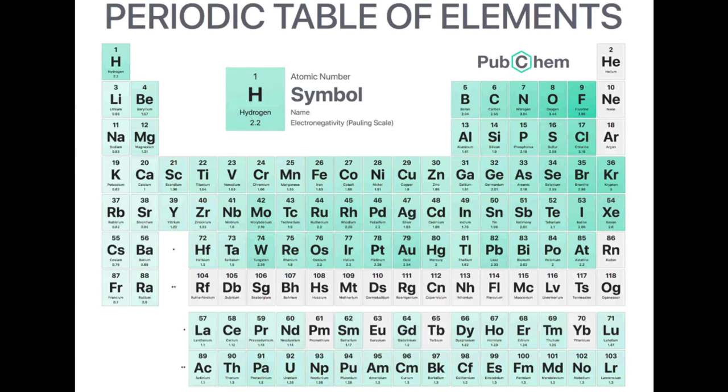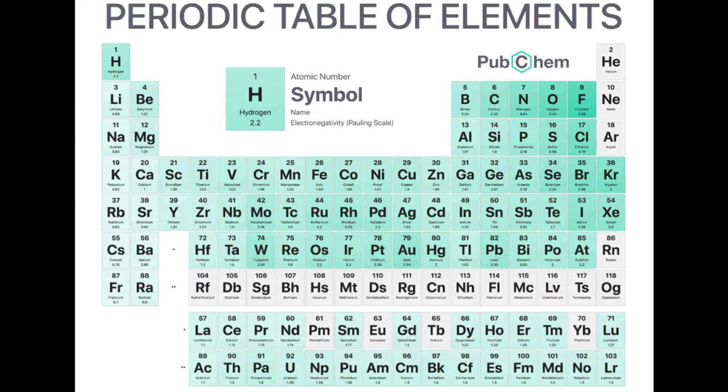If electrons are primarily drawn toward one of those atoms, we say that that atom is more electronegative. But the Pauling scale tends to be the one that's used more often, although it will tell you a very similar thing, and that is that elements to the right of the periodic table are more electronegative.